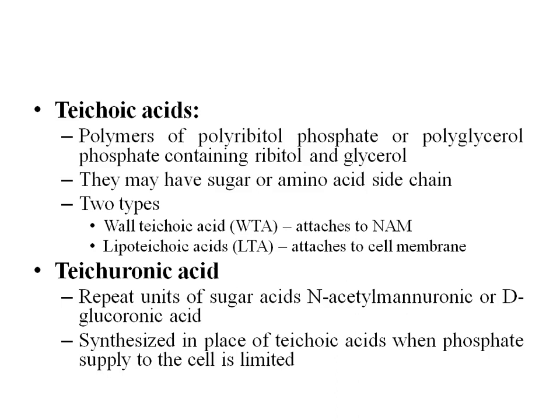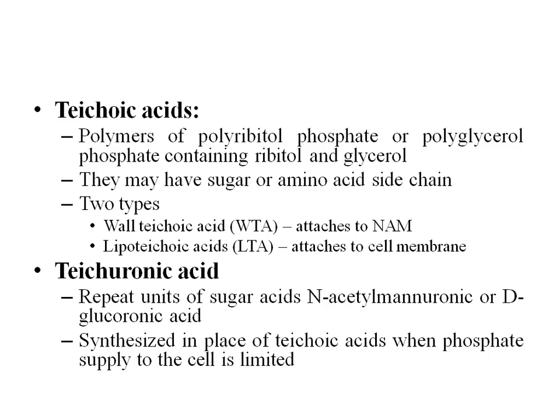The teichoic acids are polymers of polyribitol phosphate or polyglycerol phosphate, containing ribitol and glycerol. They have sugar or amino acid side chains, and there are two types of teichoic acid.